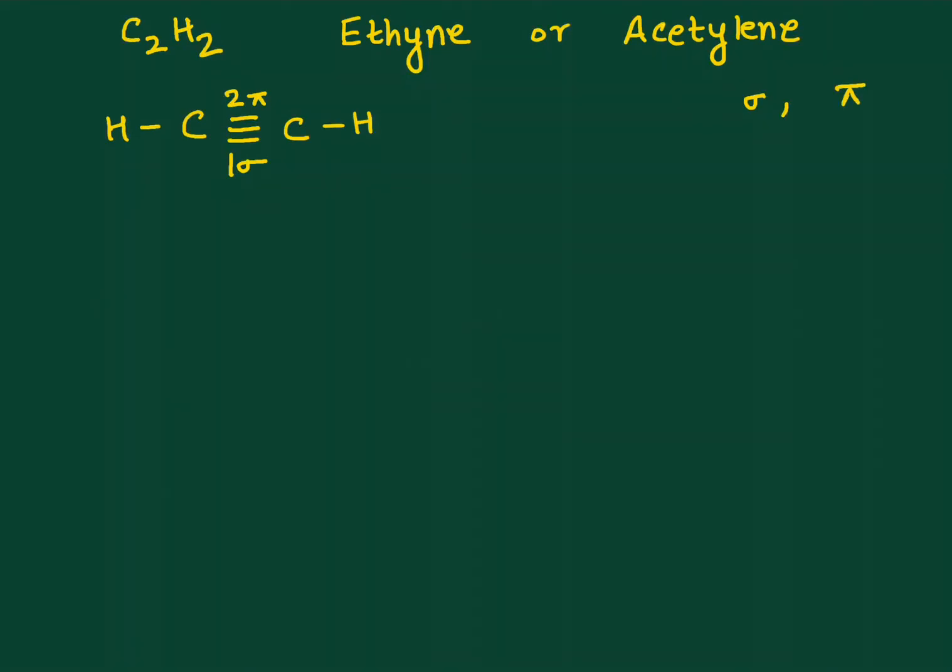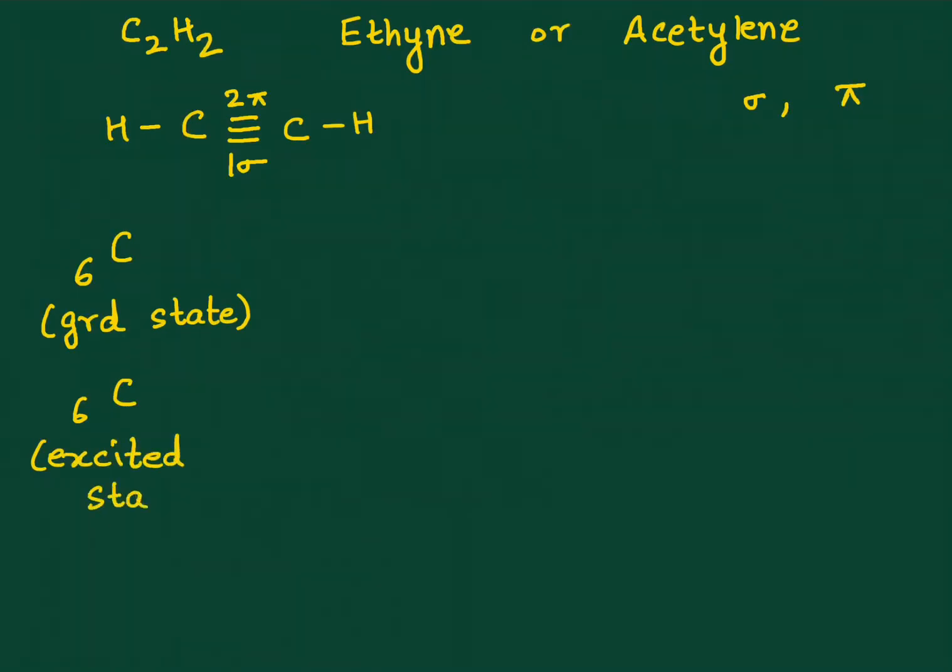Now let's try and understand the formation of ethine or acetylene in terms of hybridization. First things first, we'll write the electronic configuration of carbon in the ground state. Please go ahead and write it. You can pause the video, write it, and then tally with what I am going to write over here. That will build your confidence in the topic. Ground state, excited state.